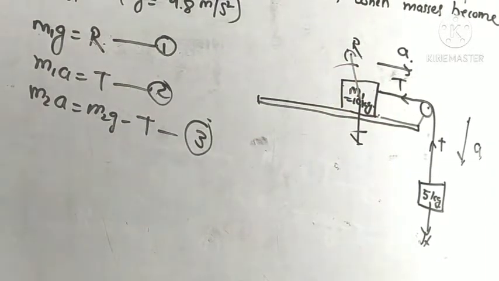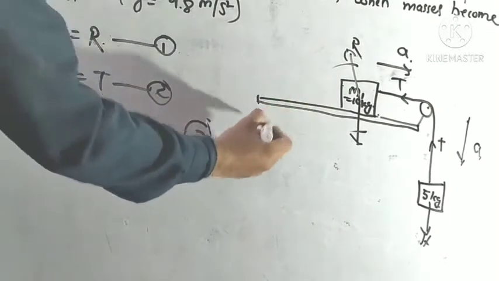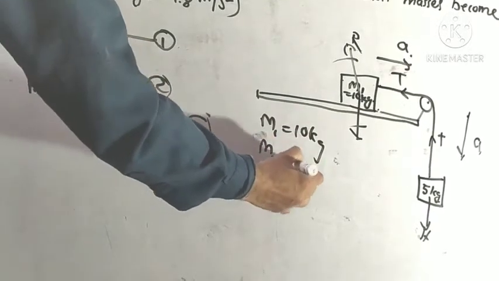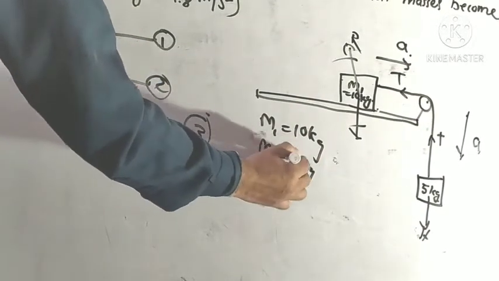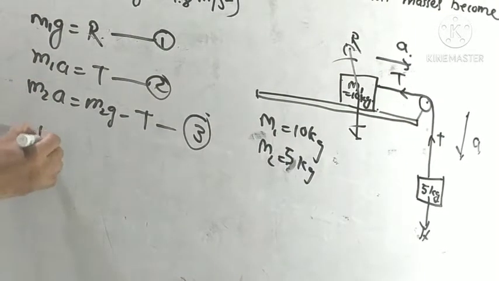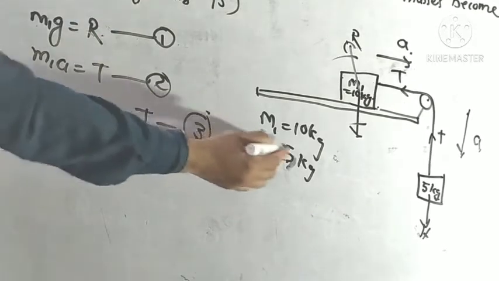Here we put the respective values. m1 is already given as 10 kg and m2 as 5 kg. So we put m1 equal to 10 kg: 10a is equal to T, equation number 5.